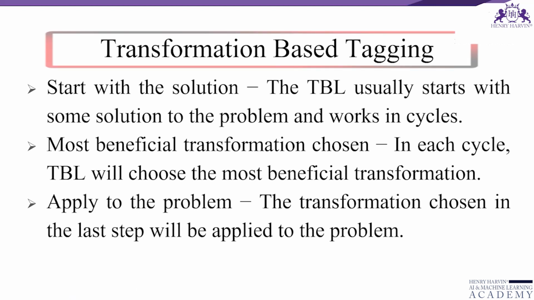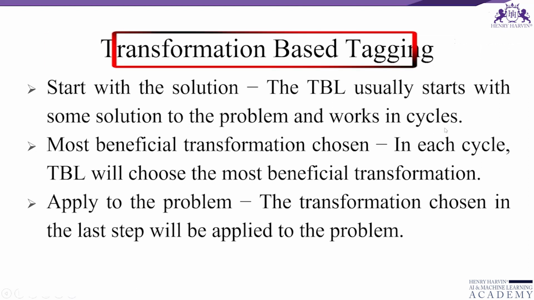Transformation-based learning usually starts with some solution to the problem, and it works in cycles. In each cycle, it will choose the most beneficial transformation and apply it to the problem. So the transformation chosen in the last step will be applied to the problem, right?